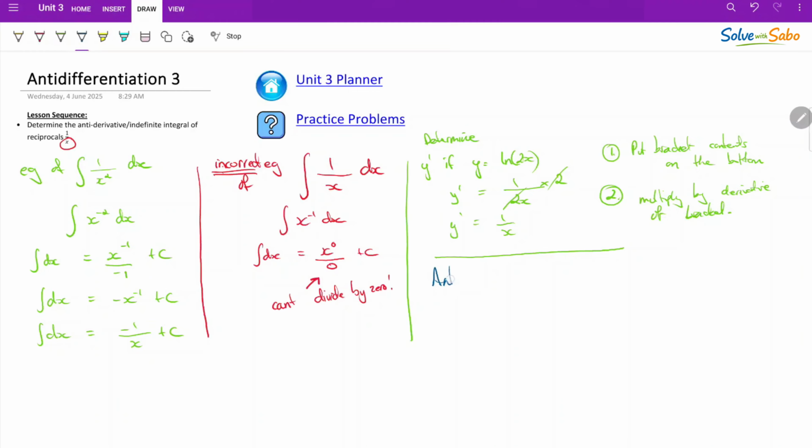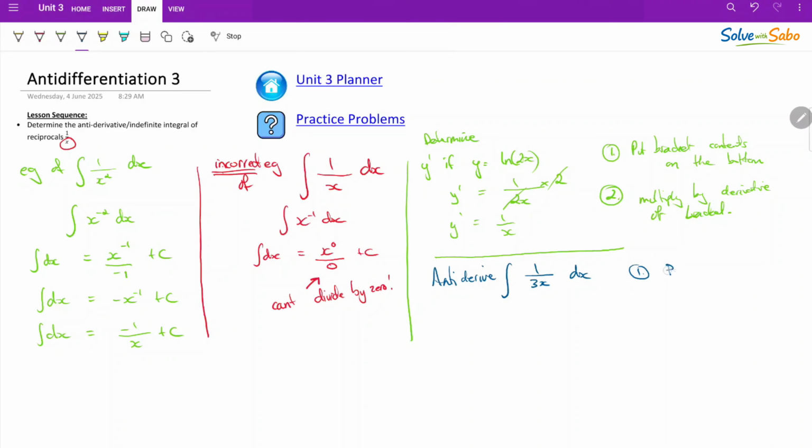Now we're going to anti-differentiate. Let's do 1 on 3x, with respect to x. The new steps are, again, we've got to do the opposite.